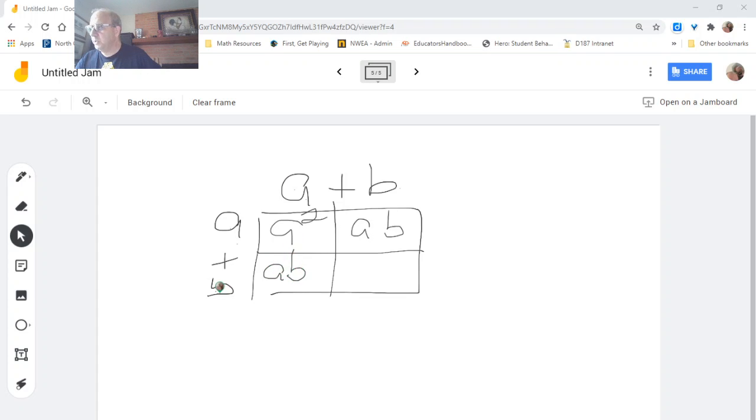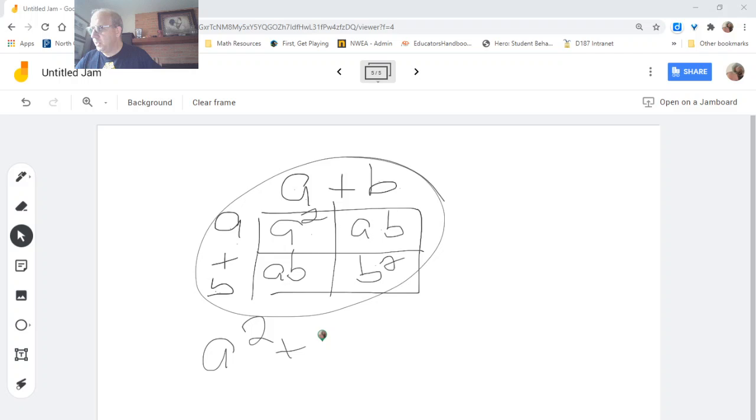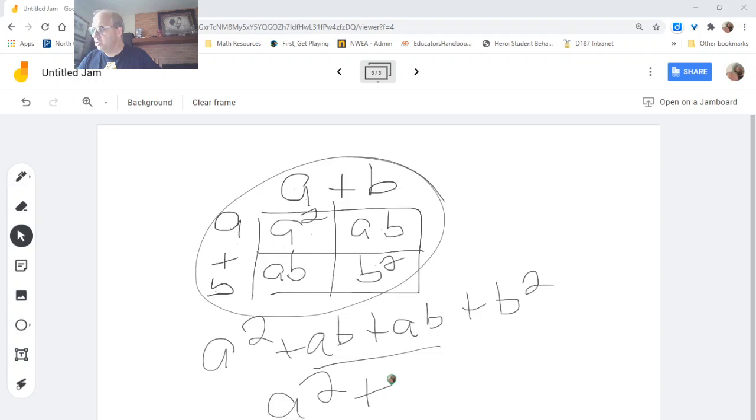And then b times b, so that's b squared. Now, if you remember from last year, all of this stuff inside the square, we're going to add all of these up. So I have a squared plus ab plus ab plus b squared. There's two of these, so I can rewrite that as a squared plus 2ab plus b squared.